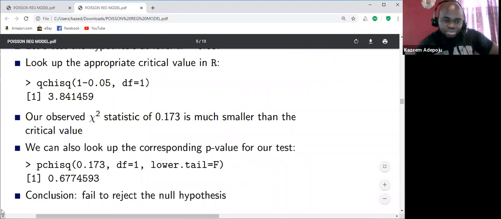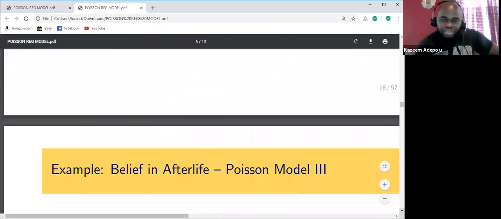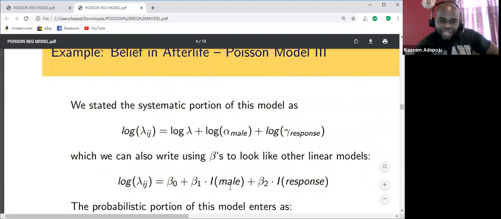I'm going to show you something now. Based on what we have, I can rewrite this. I can rewrite log lambda as beta naught, and then beta 1 times this and beta 2 times that. So it looks like a linear model now.